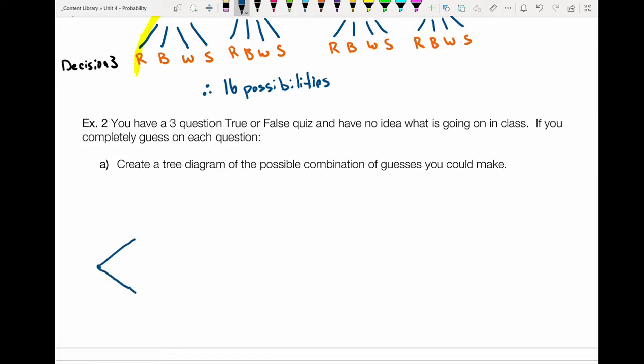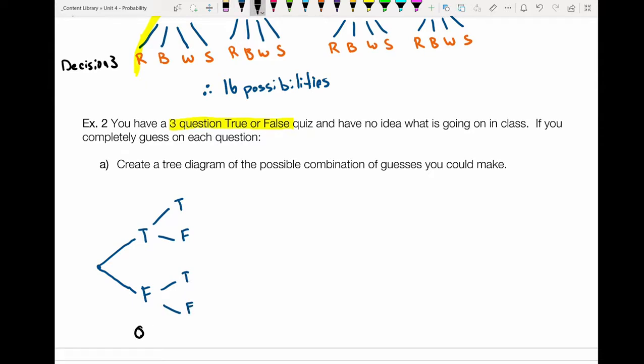In our first question of the true and false, because there are 3 true and false questions, we're going to have to do this split 3 times. Our options are either true or false. Off of each answer, we move to the next question, and again there are 2 options, true or false.